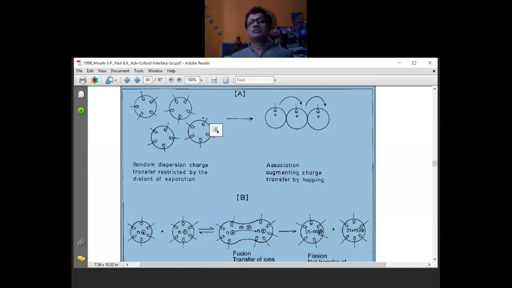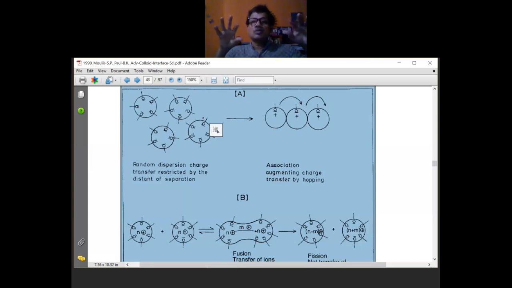If it is so, then protons should have the lowest conductivity. But for protons, meaning a hydrogen ion, the conductivity is not as low as lithium. How is it possible? Here the proposed mechanism is the hopping mechanism. How many water molecules?